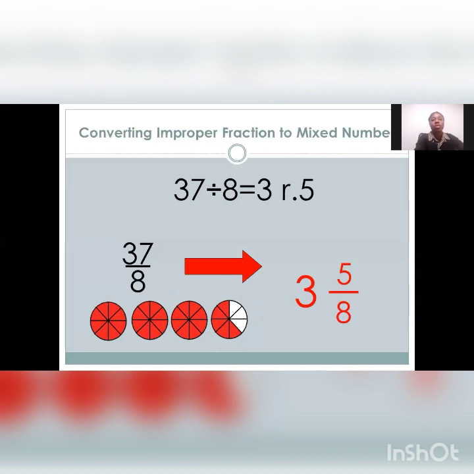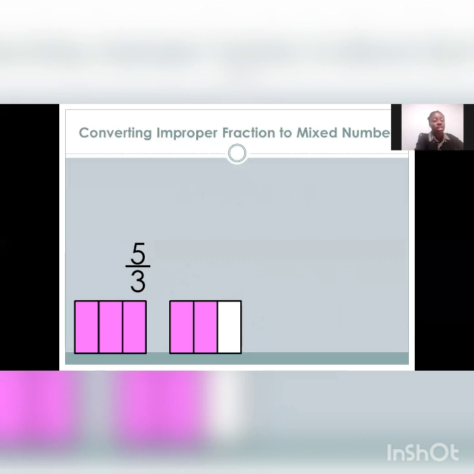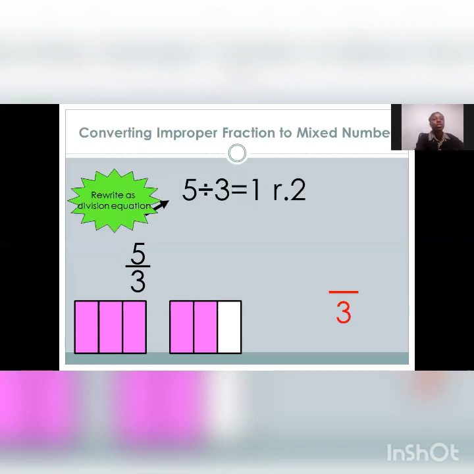I hope you're pausing the video along the way and trying to find the answers on your own. Here's another example. You can pause it now and try to find the answer to this one. 5 over 3. Let's write that as a division equation. 3 goes into 5 once, leaving a remainder of 2.